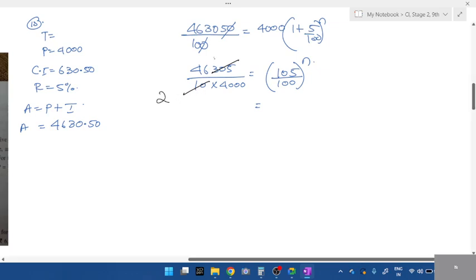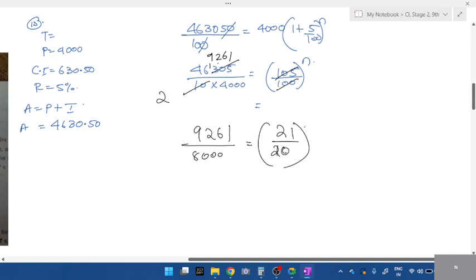Okay, 9261 divided by 2 into 4 is how much? 8000. Reduce this, students, even reduce this 105 and 21. Use the 5 times table. 21 divided by 20. Can we further reduce it?